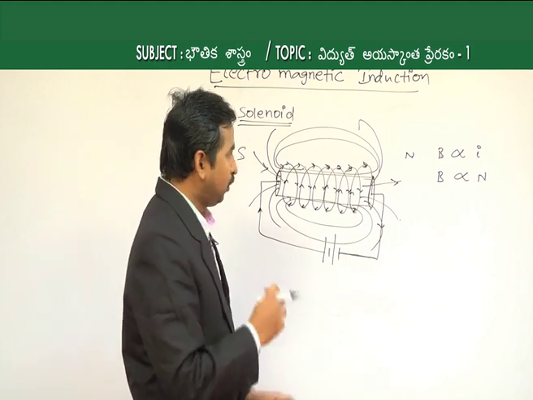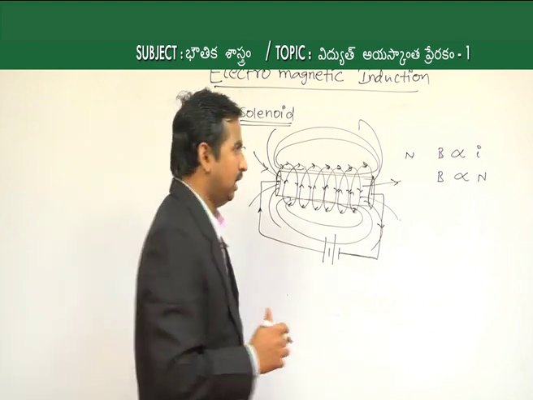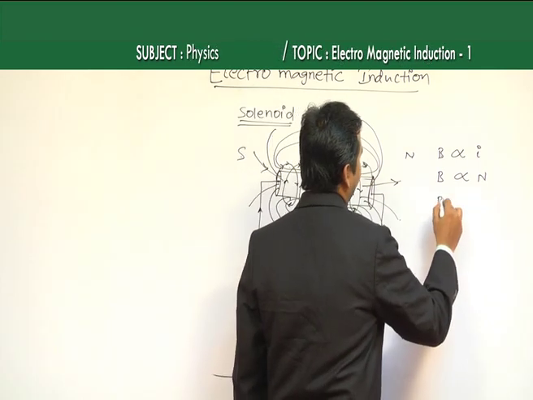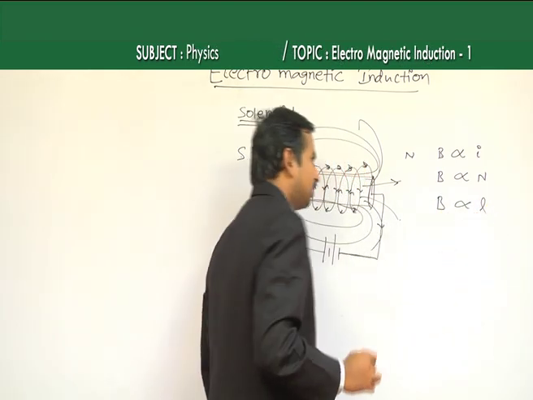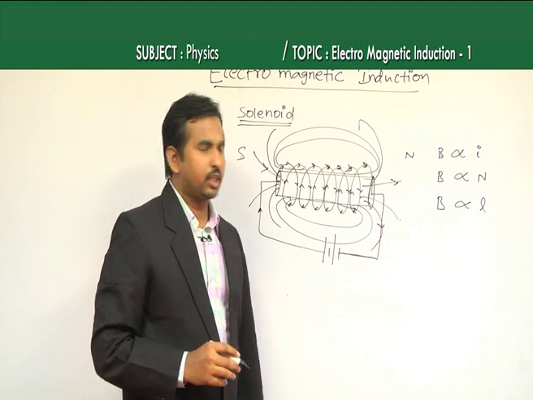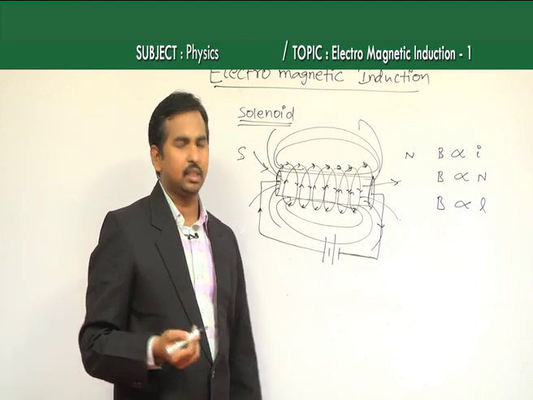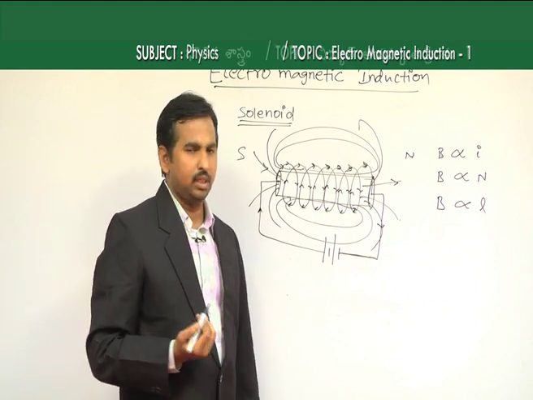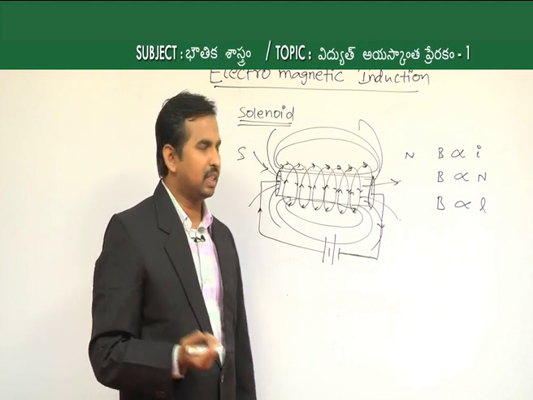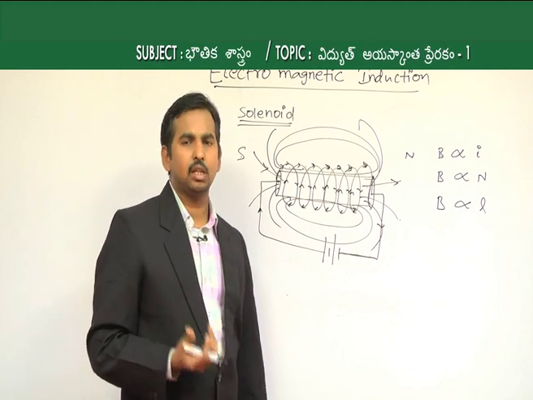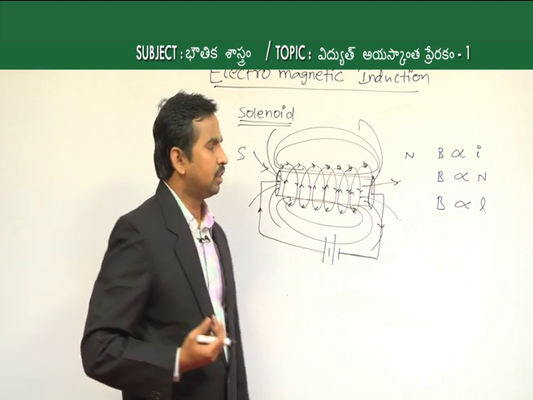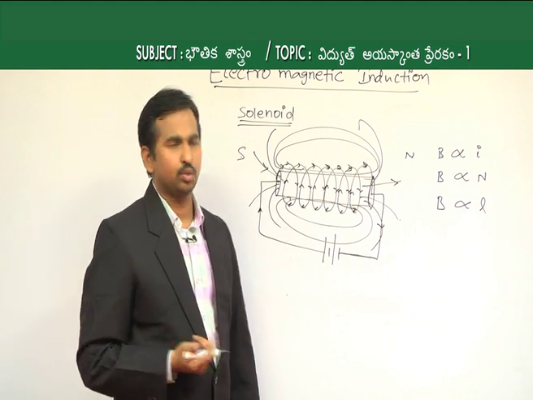And not only that, if you increase the length of the solenoid here, that also increases the magnetic field. So the magnetic field strength in the case of a solenoid, we can increase in three different ways: first, by increasing the strength of the current; second, by increasing the number of turns; and third, by increasing the length of the solenoid.